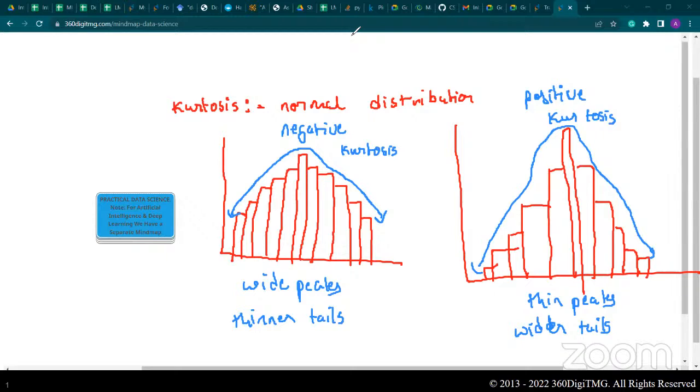So now that we have covered 4 business moment decisions, let's see what is next ahead. What's next ahead is graphical representation.